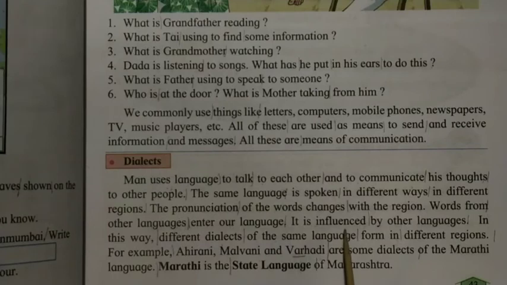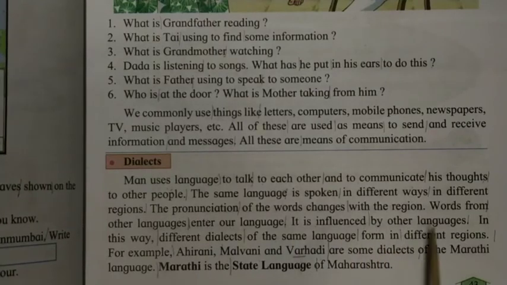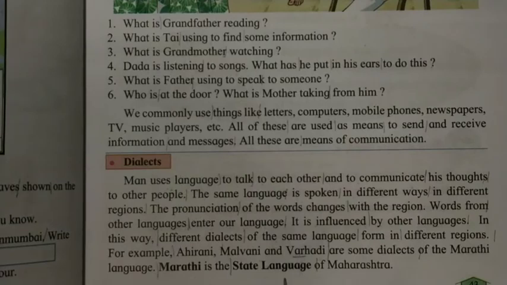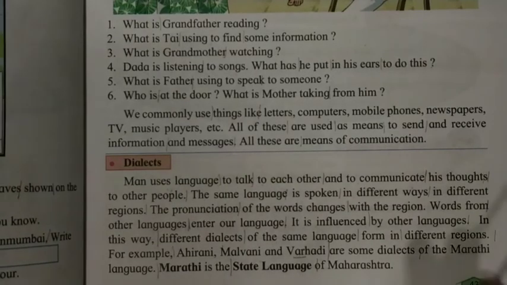It is influenced by other languages. In this way, different dialects of the same language form in different regions. For example, Ahirani, Malvani, and Varhadi are some dialects of the Marathi language. Marathi is the state language of Maharashtra.